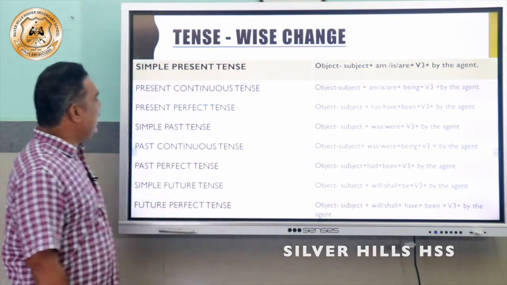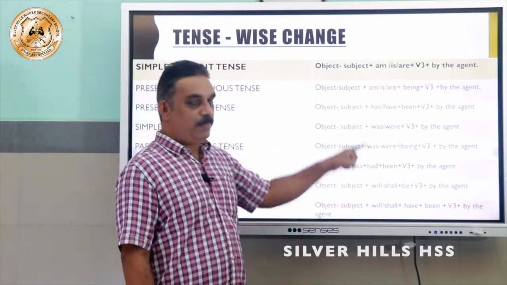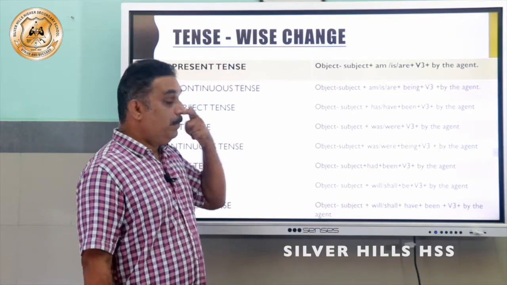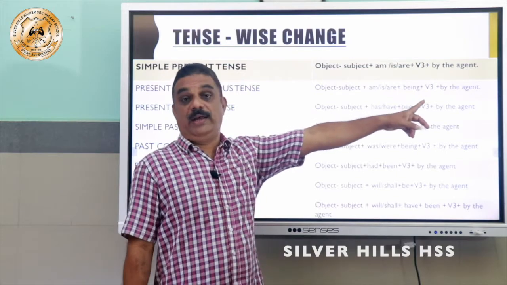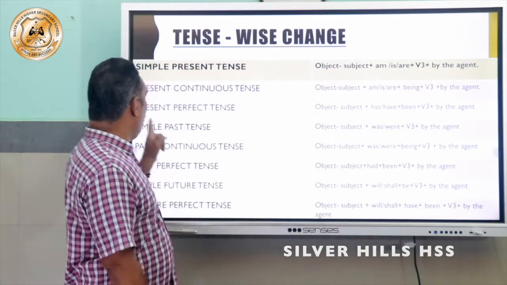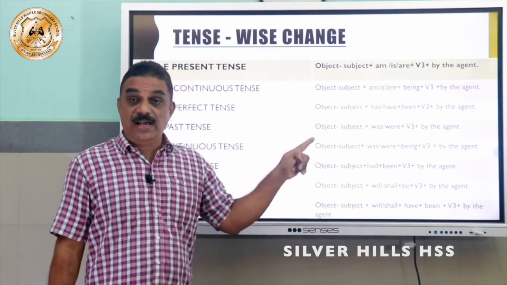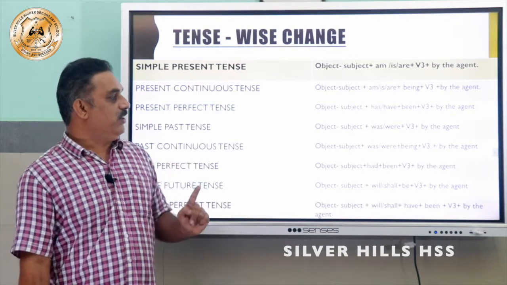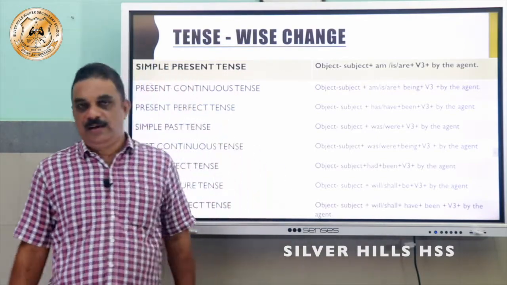Okay. Now present continuous tense. Object into subject, am, is, are, plus one more thing that you have to add there, that is being, B-E-I-N-G, plus V3 form and by the agent. Now present perfect tense, object into subject plus has or have plus been plus V3 form of the verb or past participle of the verb plus by the agent.